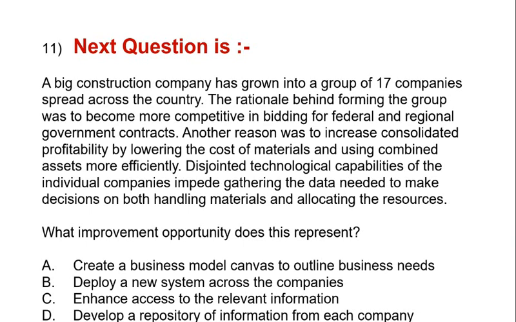Disjointed technological capabilities of the individual companies impede gathering the data needed to make decisions on both handling materials and allocating the resources. What improvement opportunity does this represent? Option A. Create a business model canvas to outline business needs. Option B. Deploy a new system across the company. Option C. Enhance access to the relevant information. Option D. Develop a repository of information from each company.